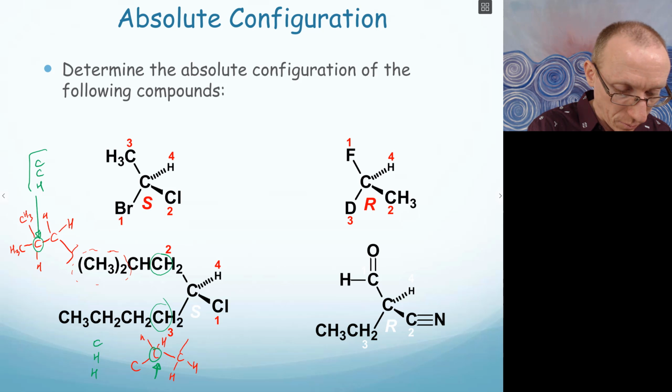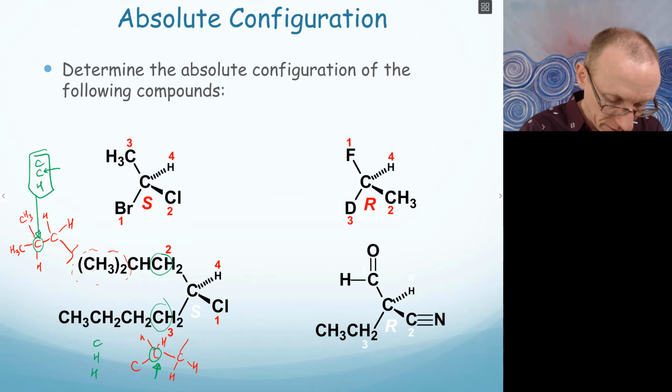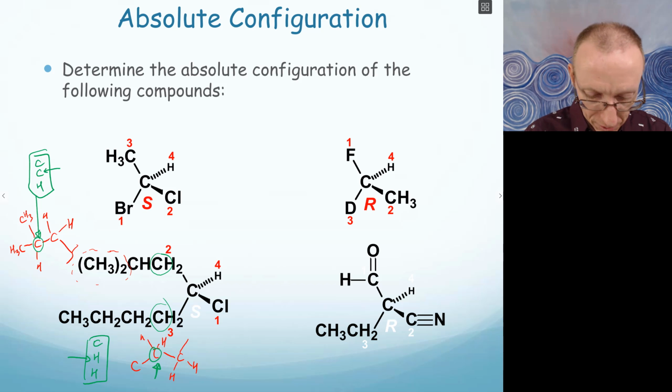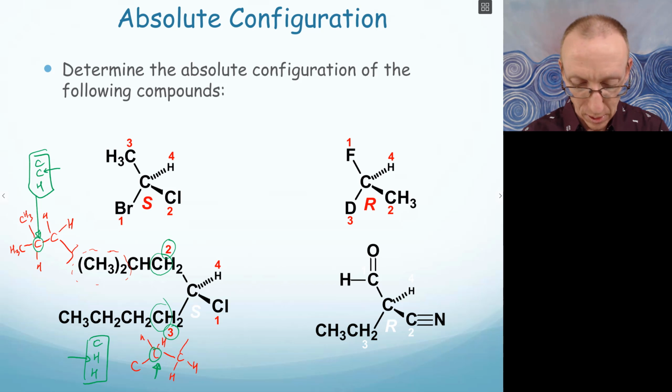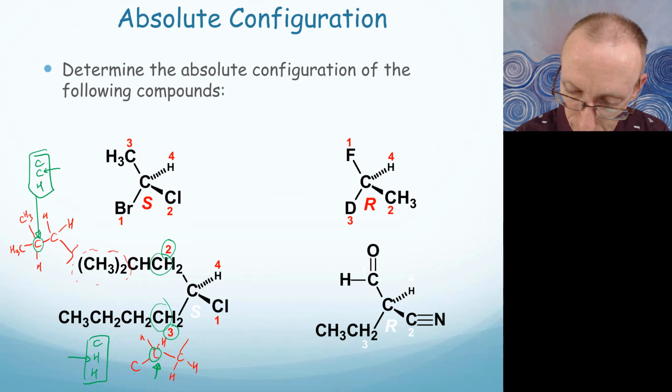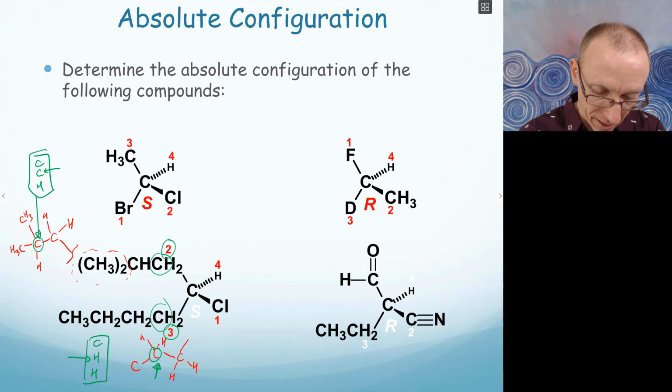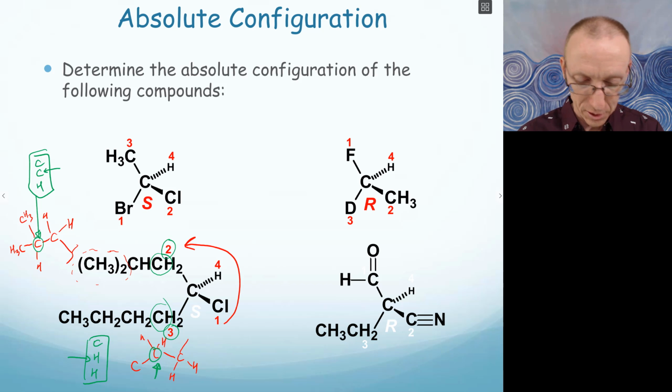So this one here wins because the first point of difference is this carbon here versus this hydrogen here. So this ends up being the higher priority substituent rather than this one. So 1, 2, 3, and 4. We've got the groups going in an anti-clockwise direction with the lowest group at the back, and so this is an S compound.